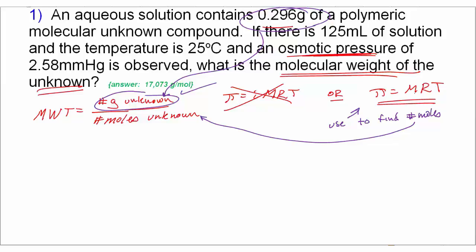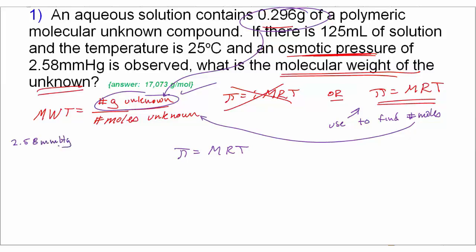Pi equals MRT. See how we can get this to work. Osmotic pressure equals MRT. Well, the osmotic pressure, they said, was 2.58 millimeters of mercury. But remember that osmotic pressure has to be in atmospheres. So let's convert it into atmospheres.